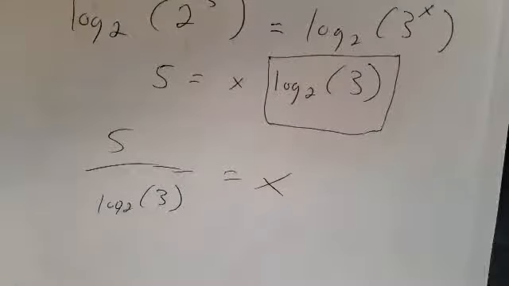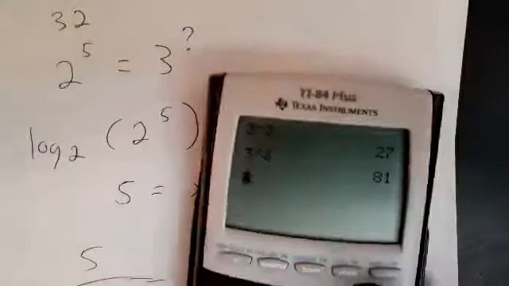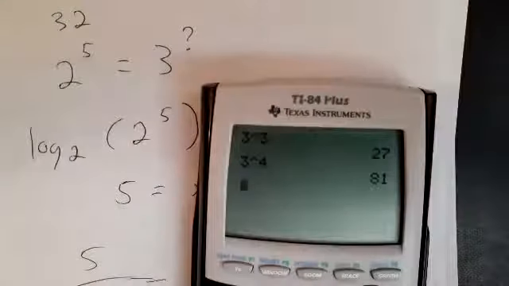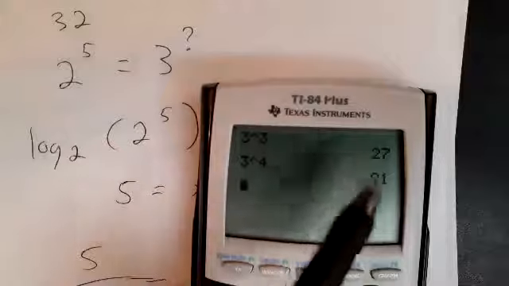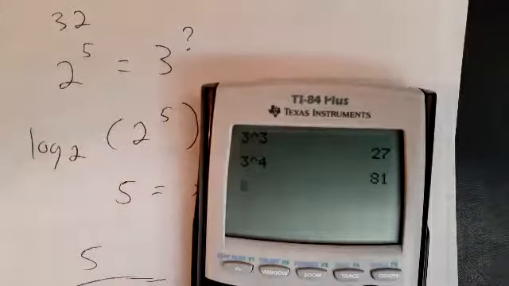So there is actually a number. We could probably guess it because 3 to the 3rd is 27, 3 to the 4th is 81. 32 is between 27 and 81. So the power on 3 would have to be between 3 and 4.